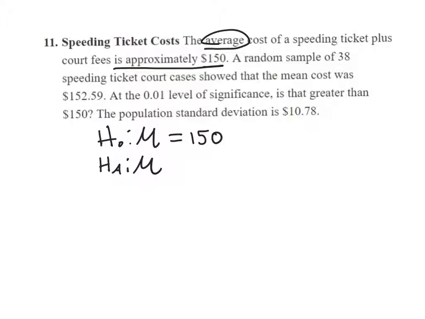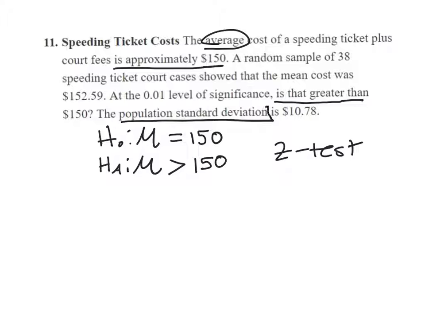Now we need to know if this is left-tailed or right-tailed, so we look for keywords like greater than, less than, not equal to. Is that greater than? It's right-tailed. We know this is a z-test because it says population standard deviation right there.